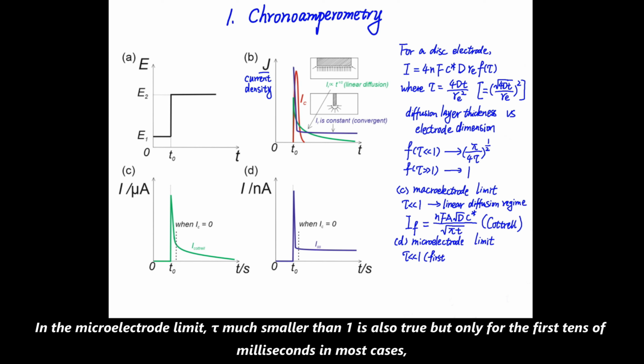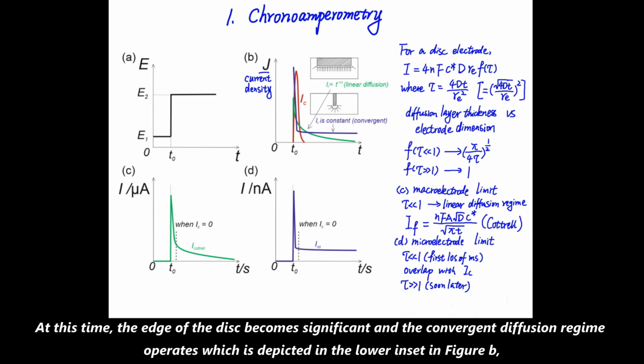Then τ much bigger than 1 would soon operate, because at this time the diffusion layer expands rapidly relative to the electrode dimension, so the diffusion layer thickness may soon exceed the electrode dimension, and at this time the edge of the disk becomes significant and the convergent diffusion regime operates, which is depicted in the lower inset in Figure B.